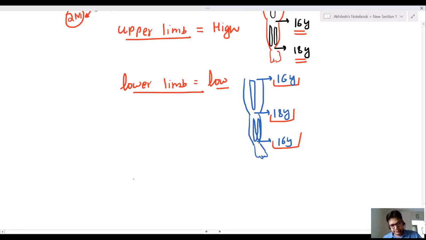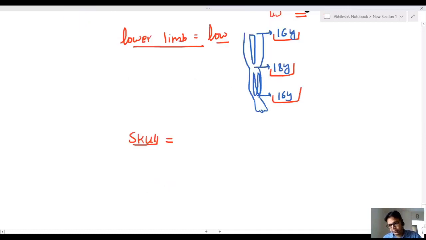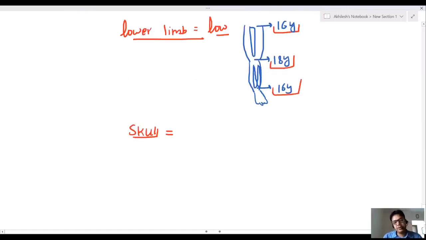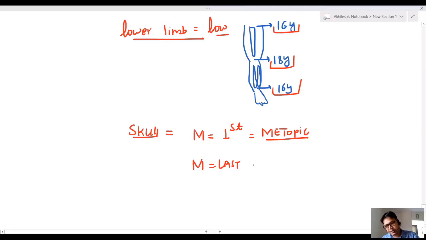Now for skull bone, it's a very simple trick. The first suture is M and the last suture is also M. First suture is M for metopic suture, and last suture is M for masto-occipital suture.